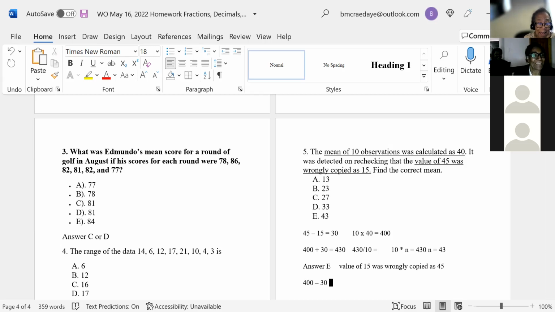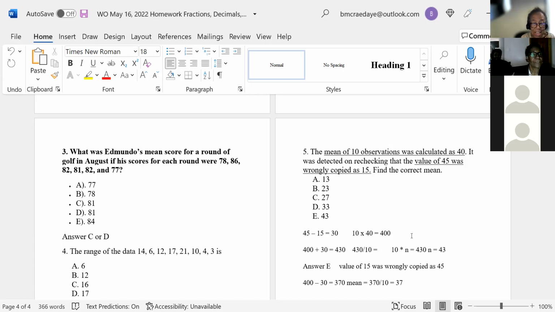That's because right now I'm putting in 30 more than I should. Now my total will be 370. And if I divide by 10, my mean would now be 37.